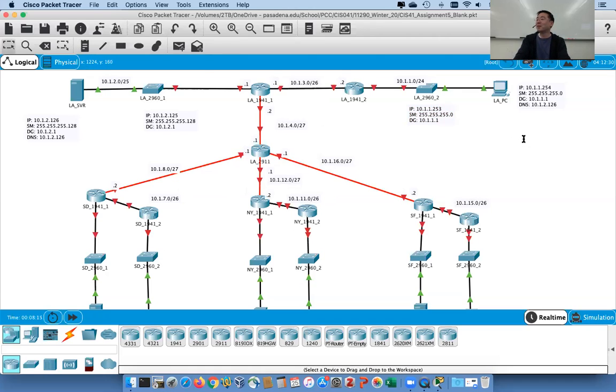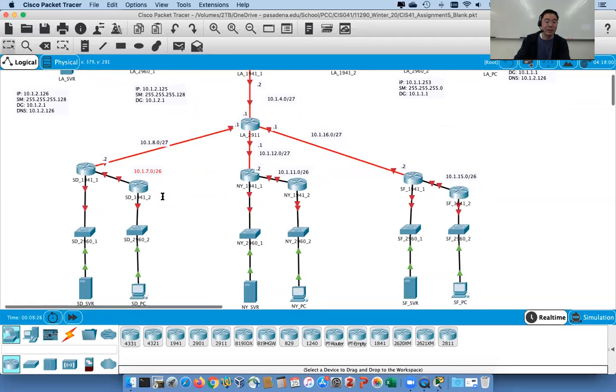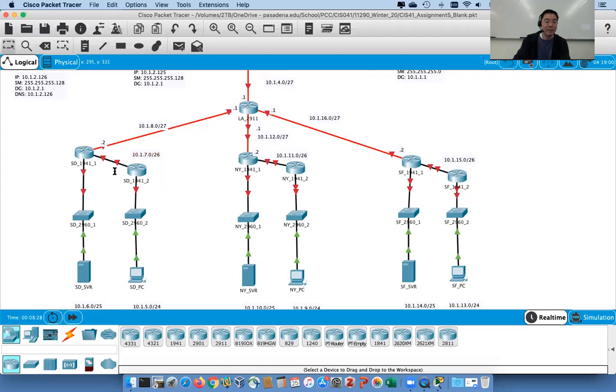Pretty much following the same pattern, just like all of our other exercises too. Okay, so 10.1.7, this particular network here, we'll make dot 1 over here, dot 2 over here.